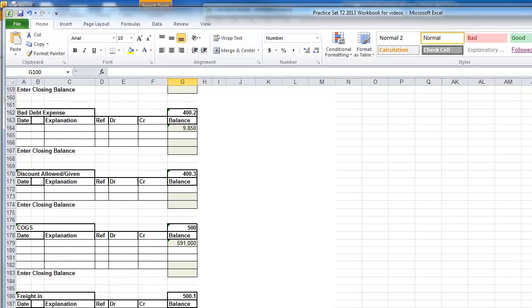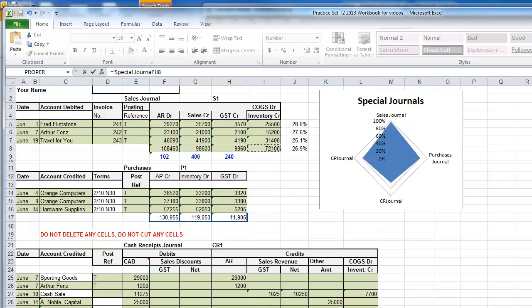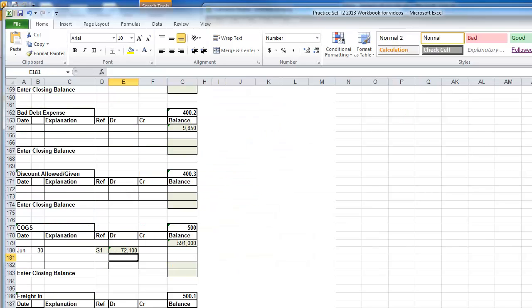Cost of goods sold, June 30, S1, debit 72,100. It's done, and again our cost of goods sold were 591,000 before this month started, and we've added 72,100 to it.